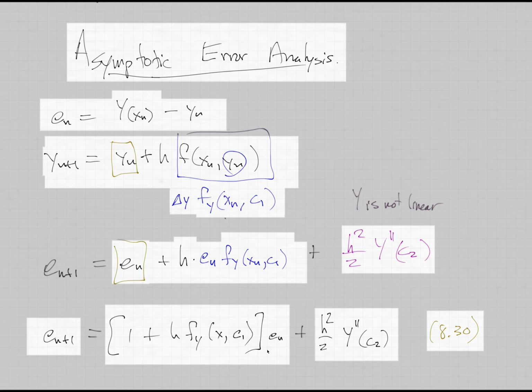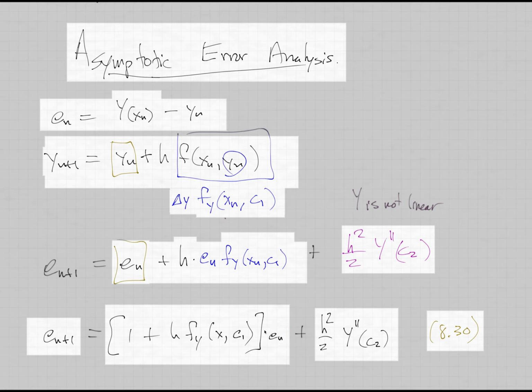Now, an important aspect of this is that if you want to know how the total error behaves, that is, does it behave like h or like h squared or some higher order of h? That is really going to be determined by the truncation error here, because the inherited error will just continue to behave as it did at the previous step.